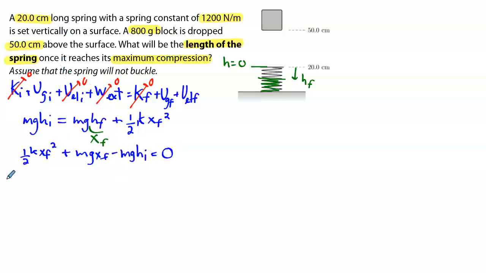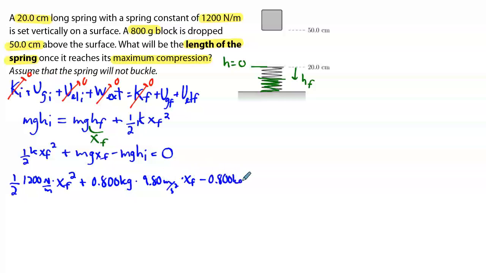At this stage, I will plug in the numbers to simplify the equation a little bit. So we will have 1/2 times 1200 newtons per meter times x final squared, so we have our unknown in here, plus the mass, which is 0.800 kilograms, times g, 9.80 meters per second squared, times x final, and then again minus the mass, 0.800 kilograms, times 9.80 meters per second squared, times the h initial.